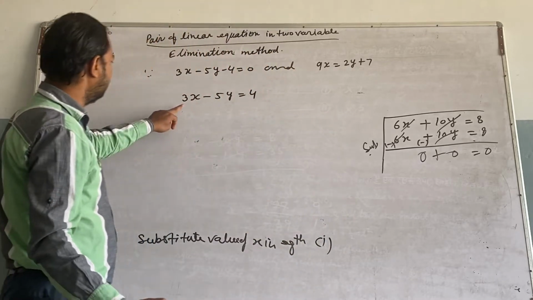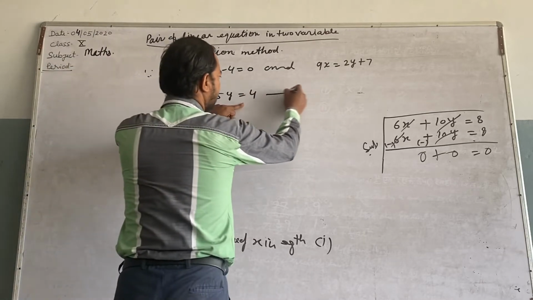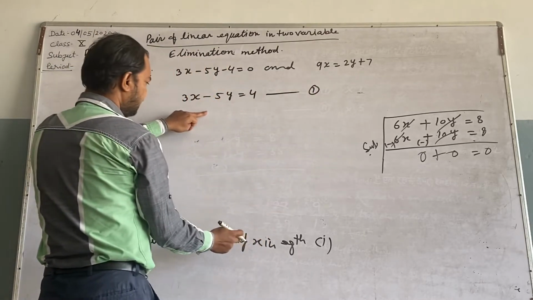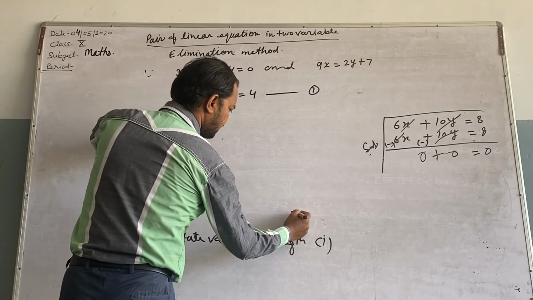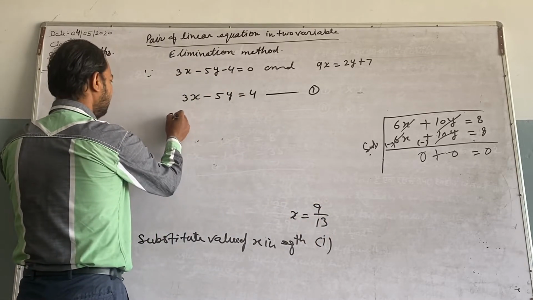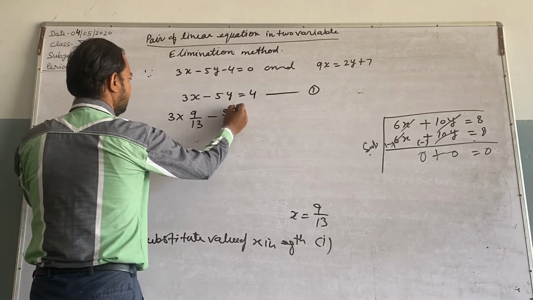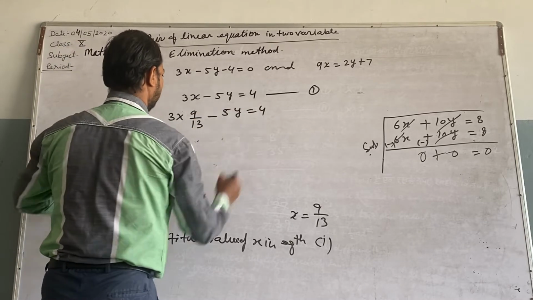Equation first is 3x minus 5y equal to 4. Now put the value of x equal to 9 upon 13. So 3 into 9 upon 13 minus 5y equal to 4.